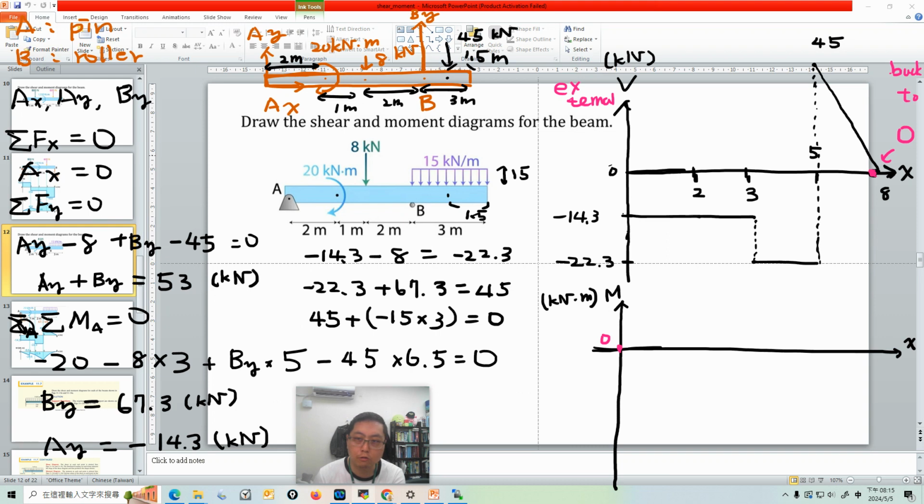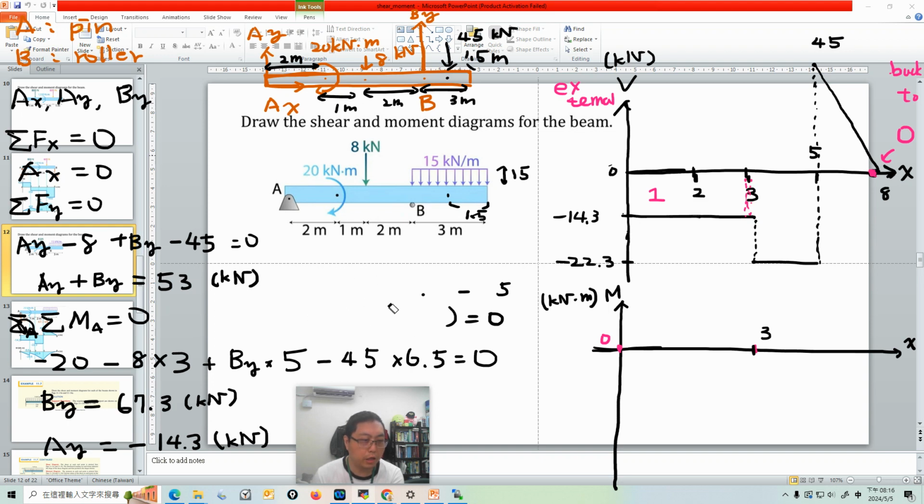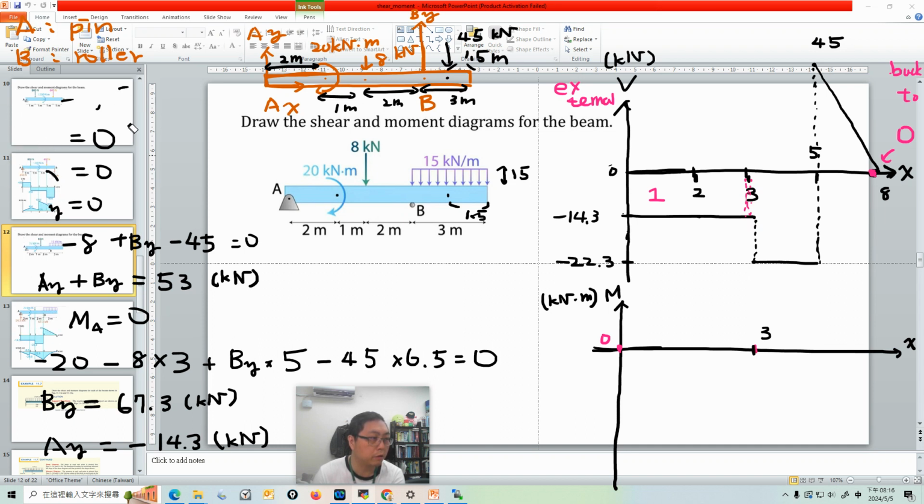So we see from 0 to 3. Sorry, the change of the moment between 0 and 3 equals the area under the shear diagram. So what's the area for area one? Here is minus 14.3. Maybe I'll erase the calculation here, and also clean up this free body equilibrium calculation.